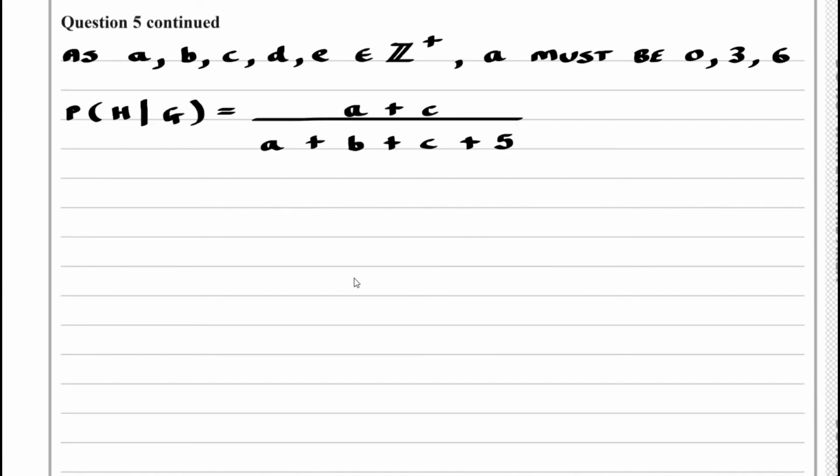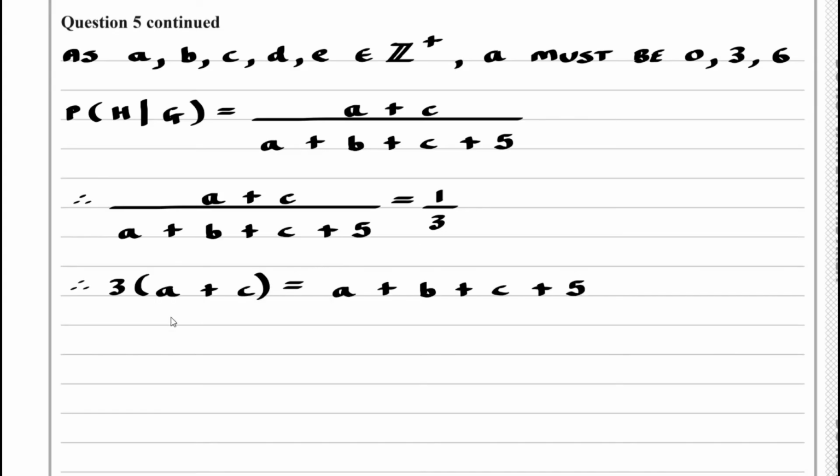Now, what we know is that the probability of H given G is A plus C over A plus B plus C plus 5. And we can set this equal to 1/3. So, setting it equal to 1/3 and then cross multiplying, you'll find 3 multiplied by A plus C is equal to A plus B plus C plus 5. So let's simplify this.